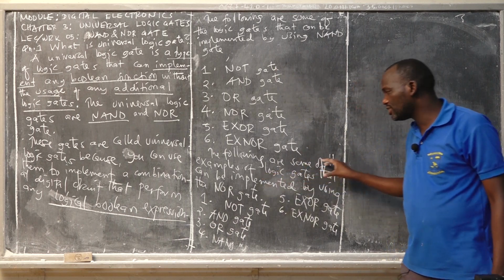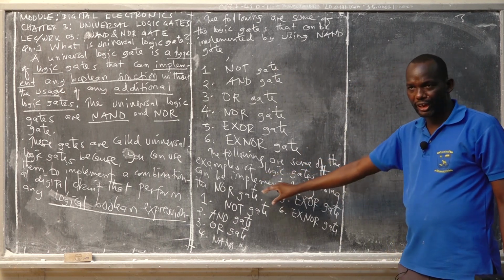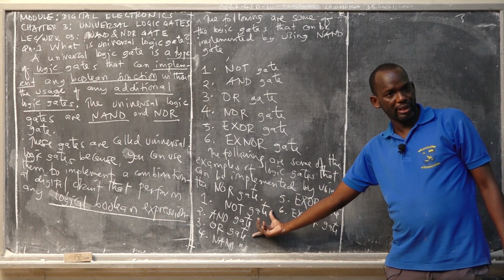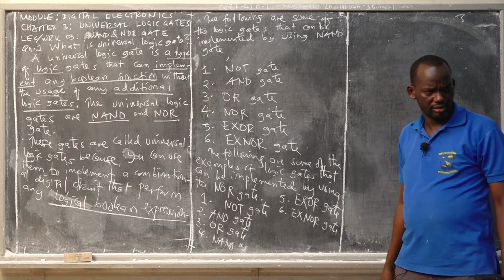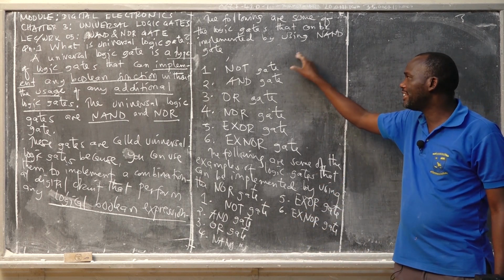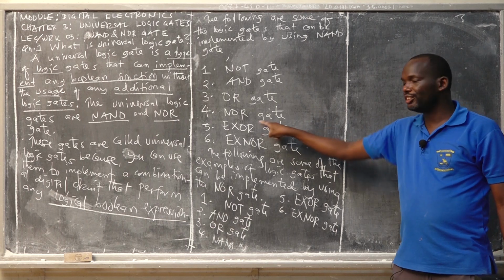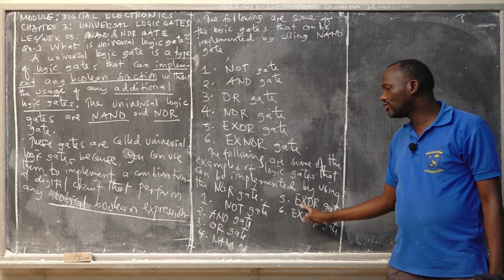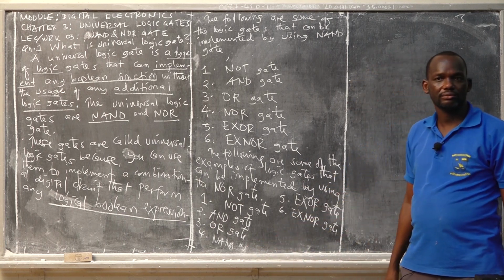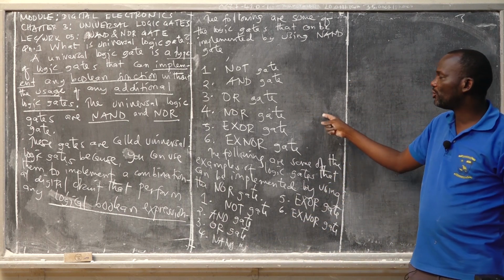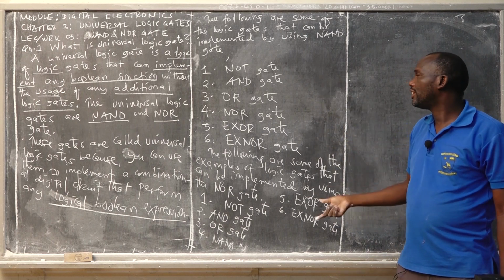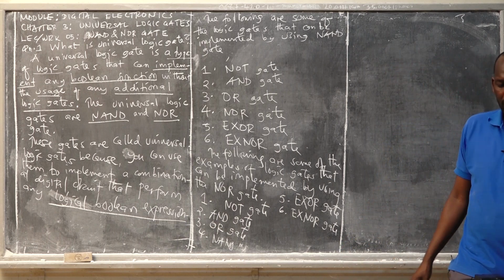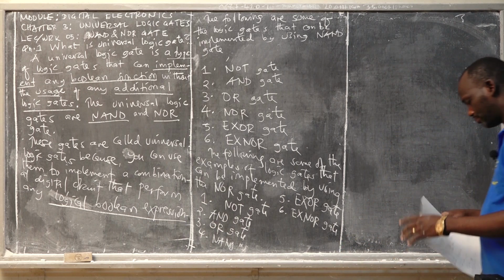Once you have a single or multiple NOR gate, you can implement the first 3 basic logic gates. But also you can use the NAND gate to implement the NOR gate. You can use the NOR gate to implement the NAND gate. That's why in the definition we say that you just need NAND gate to implement any Boolean expression that you want to implement by using them.